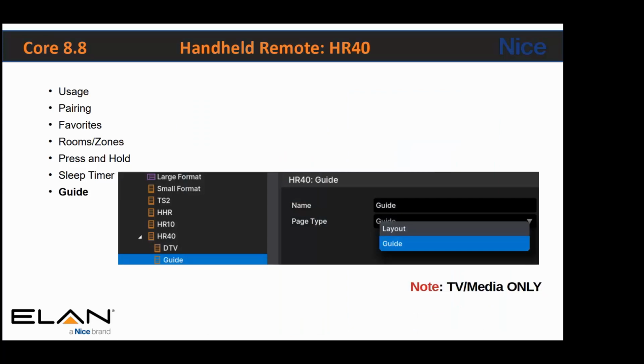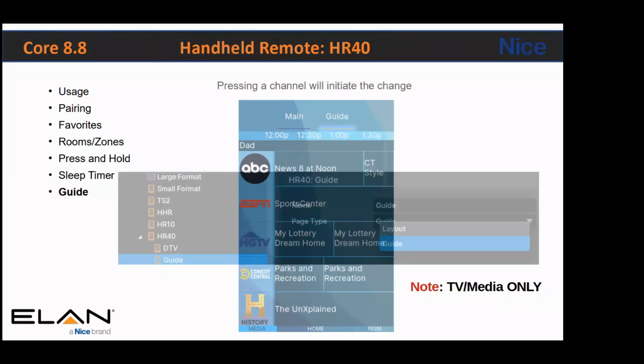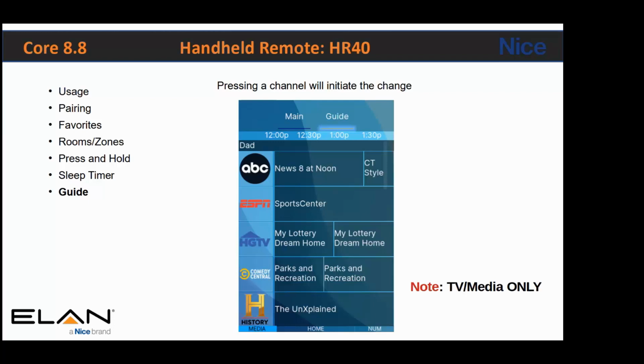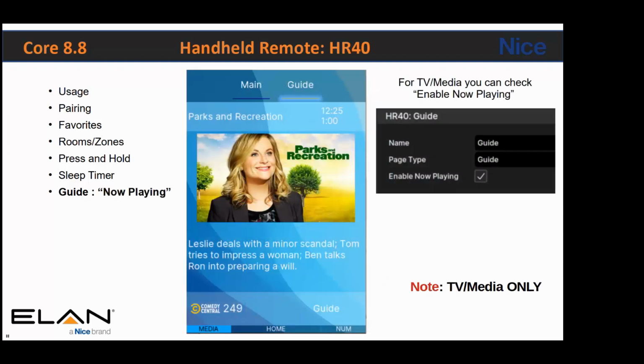The guide. If you're using TV media, you can add a second page. In this case, you can see I added a page to my cable box, and then I had it set to guide. And then you get the guide on the top, and then you can scroll up and down. Cool, right? But if you're using TV media, there's a checkbox, enable now playing. If you use the guide, this actually has changed the way I scroll TV.